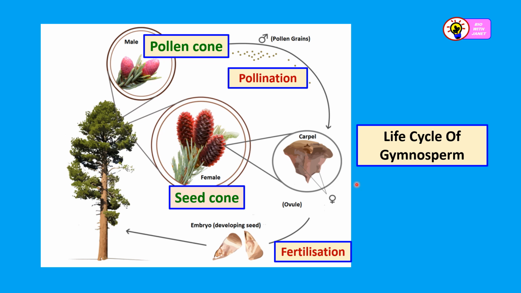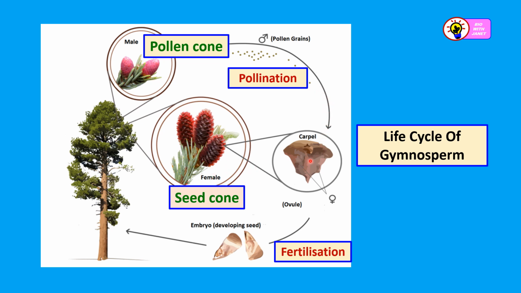This shows the life cycle of a gymnosperm tree. So the pollen cone or male cone produces the pollen grains, which contain the male gametes, and the pollen grains are transferred by wind, in the process of pollination, to the seed cone or the female cone.